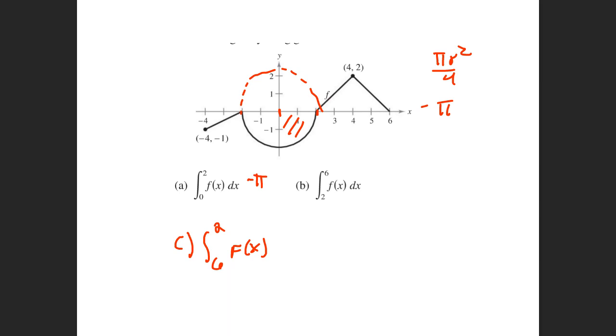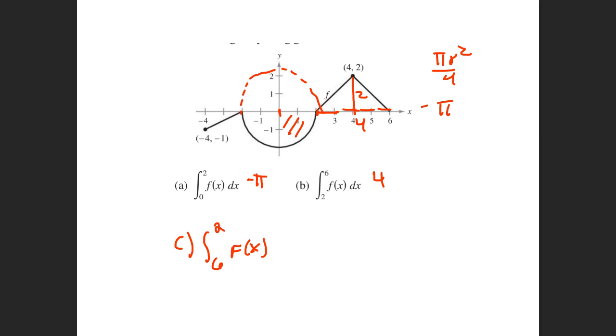Okay. Part B, I'm going from 2 to 6. So that gives me 1, 2, 3, 4. So my base is 4. Height is 2. Oh, you don't know how to find the area of a triangle, do you? Base times height divided by 2.